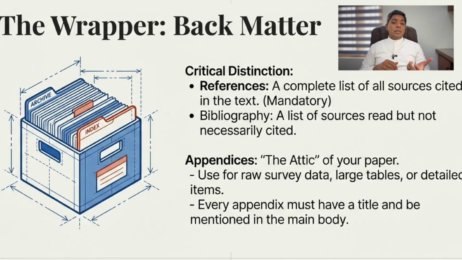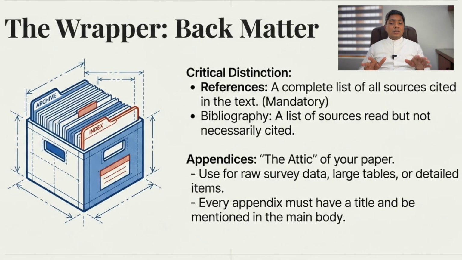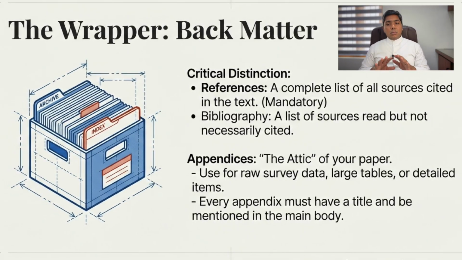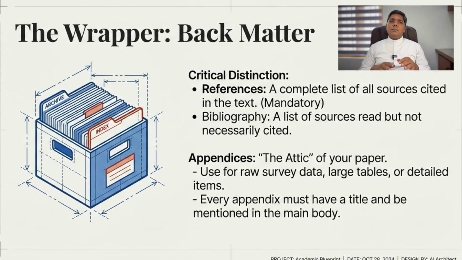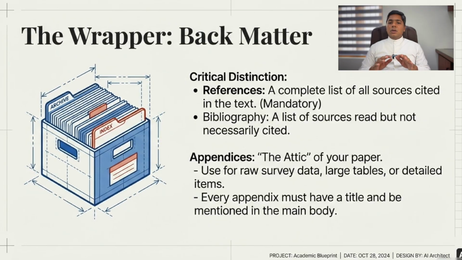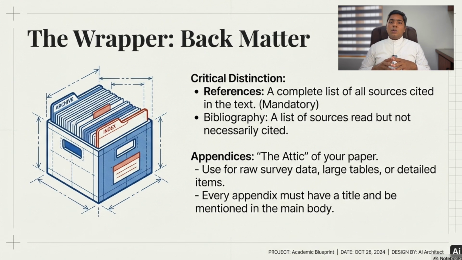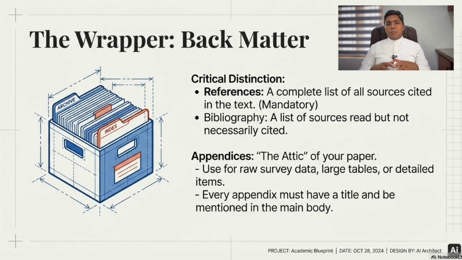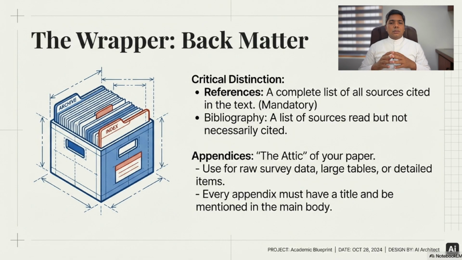But a bibliography might include sources you read but didn't directly cite. Most dissertations use a references or works cited list. Then, in writing this list, you must follow the required citation style, like APA, MLA, and Chicago, or whatever style format is suggested by your university or department.